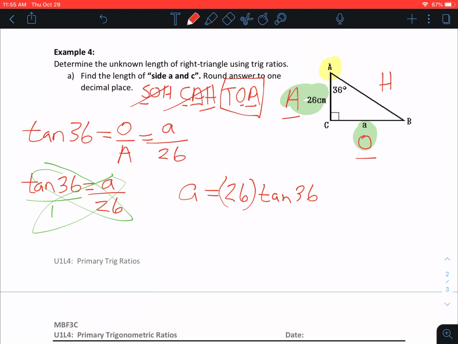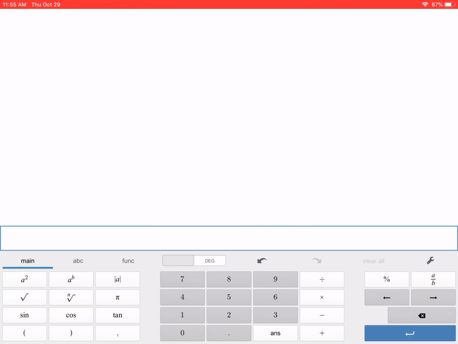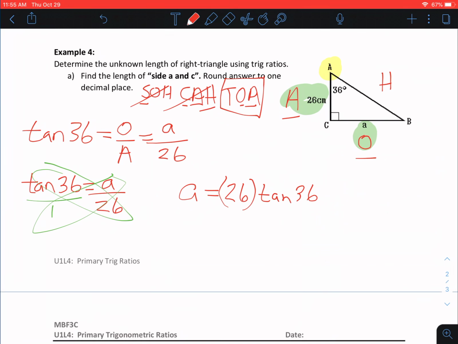All I'm going to do is use my scientific calculator and type in 26 times tan of 36, and I get 18.89. The question asked us to round it to 1 decimal place, so we'll do 18.9. And the units are centimeters.